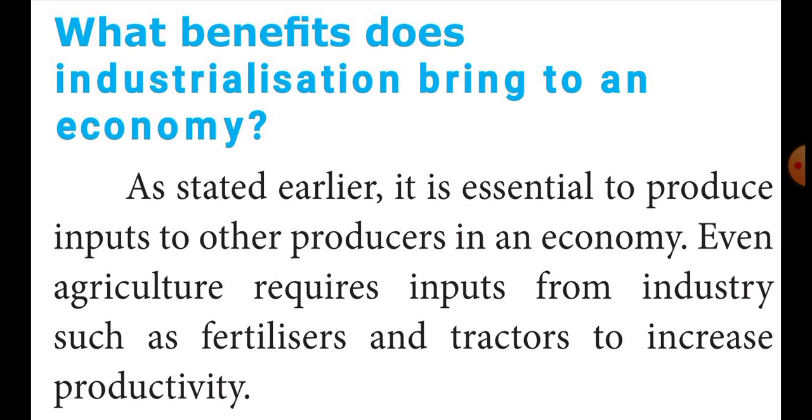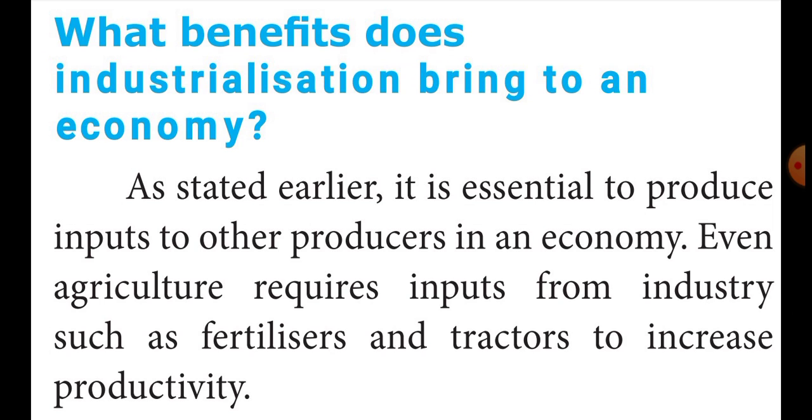Then tractors, the automobile industries are producing the tractors, is it? These fertilizers and tractors are very, very important things needed for agriculture. So the agricultural sector also depends on the industries. This is one of the important benefits of industrialization.